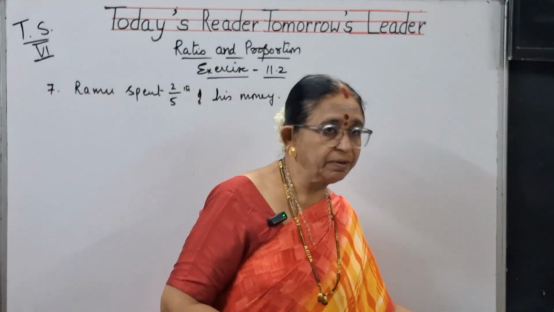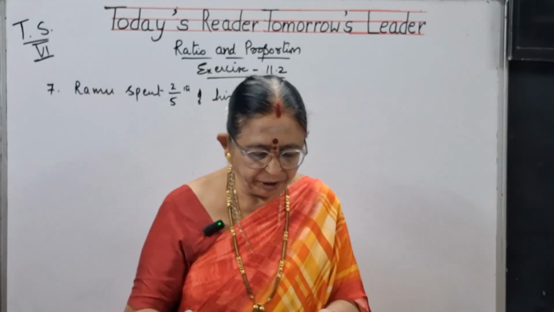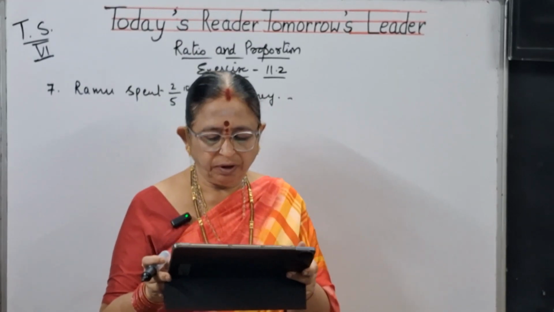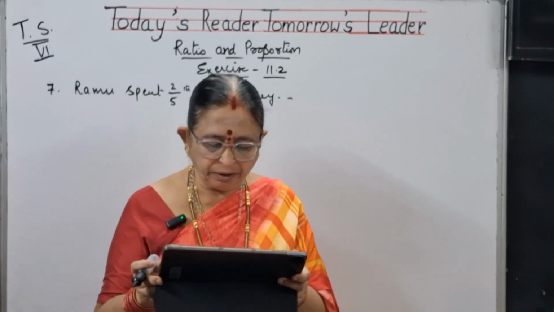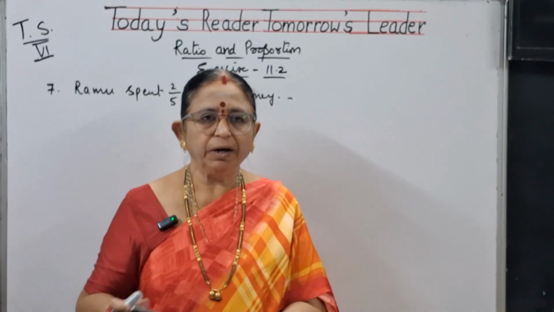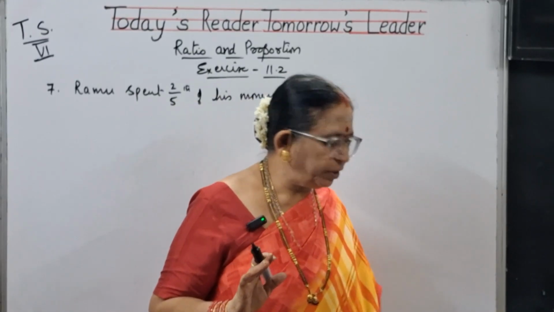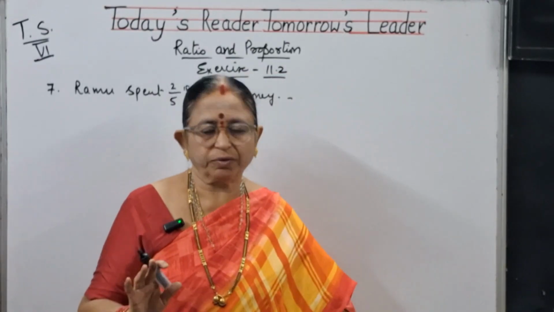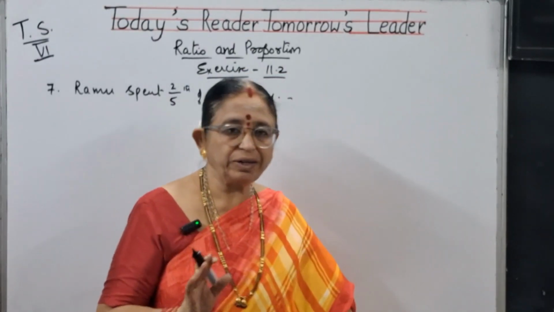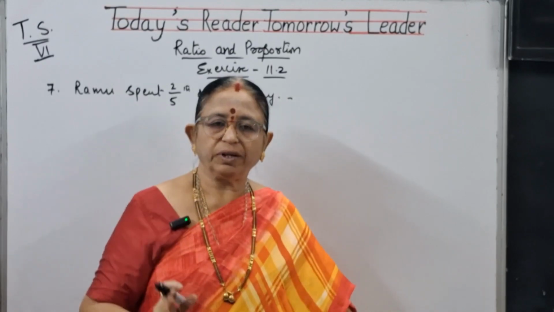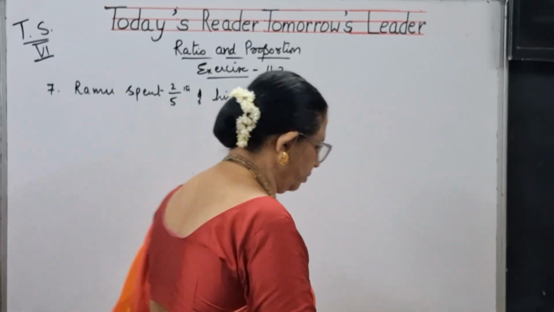Next problem, children. Seventh problem. Ramu spent 2 by 5th of his money on a storybook. Find the ratio of the money spent to the total money with him at the beginning. Some money he is having. In that 2 by 5th he has spent for storybooks. So the question is, what is the ratio of this money spent for storybook to that of the total money? So let us see.